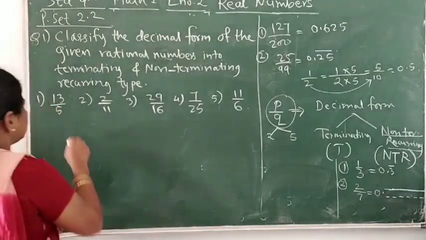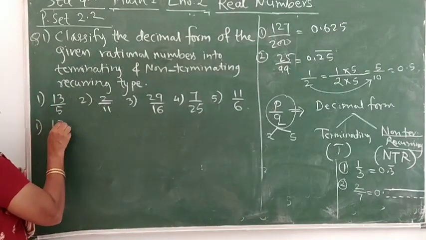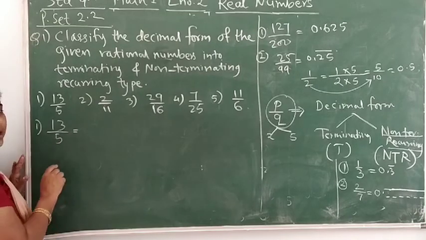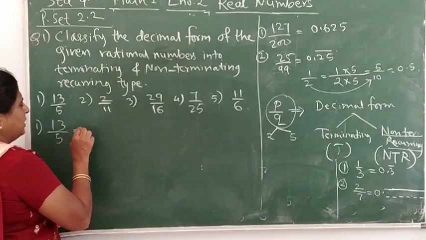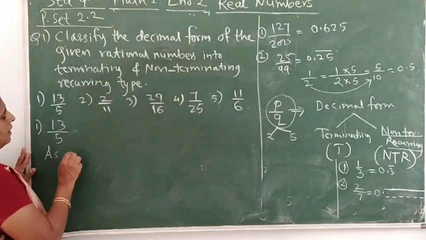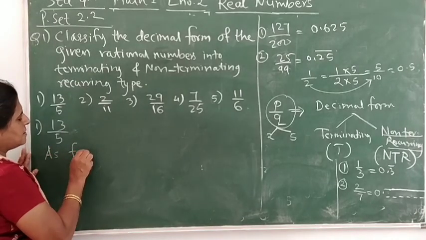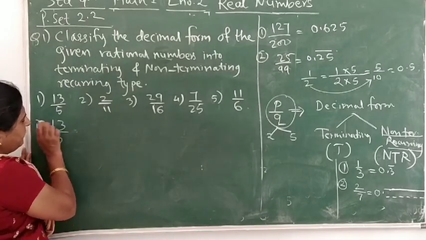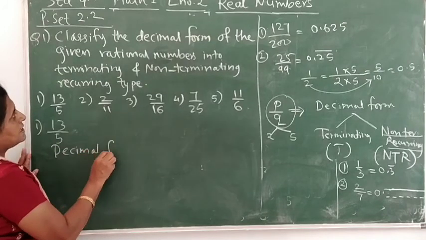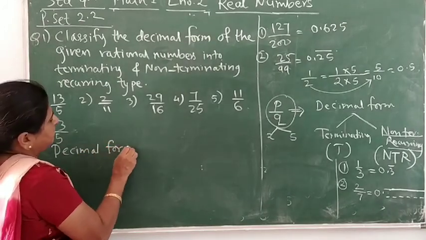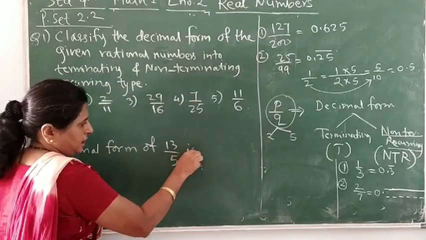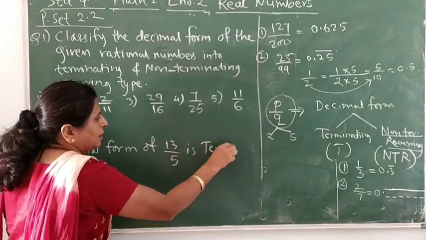How can we use this? Let's see the first sum. 13 upon 5. What is the denominator? The denominator is 5. So its decimal form, you can write the answer directly: the decimal form of 13 upon 5 is terminating.